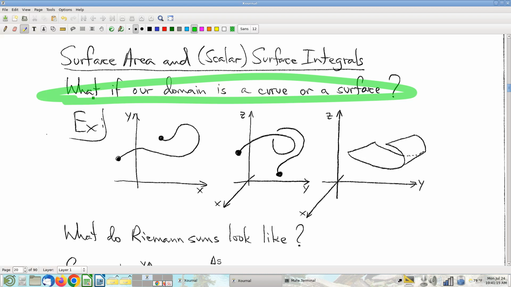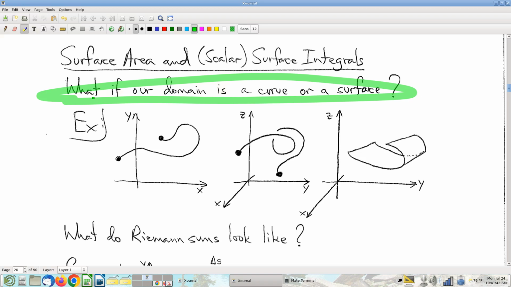Right, now let's take a quick pause. What kind of domains have we seen up to now? In single variable calculus, your domain was an interval on the x-axis. For a double integral, your domain is a two-dimensional region in the plane. For a triple integral, your domain is a solid in space. In all of those cases, notice that the dimensions match up.